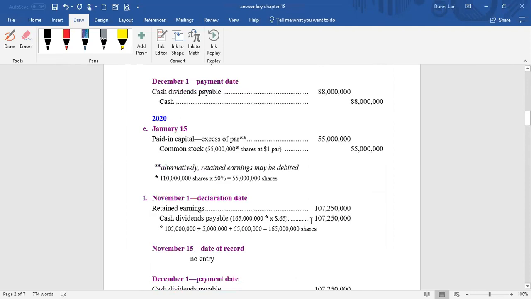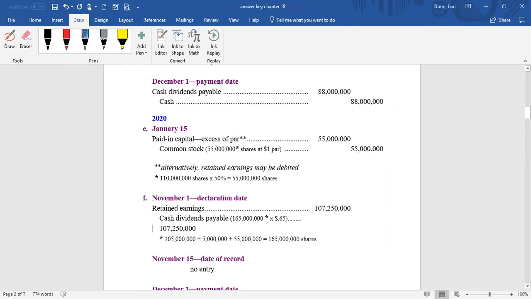And the final transaction, let me see if I can get this. Okay, well, is another 65 cents per share cash dividend declared November 1st, 2020, date of record November 15th, payment date December 1st.